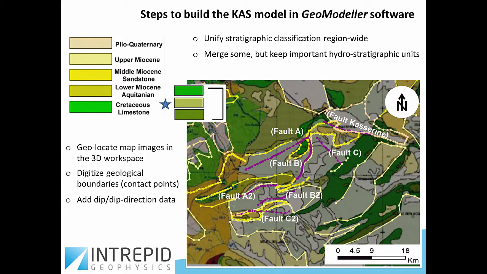This means that some units will be merged, but other more important hydrostratigraphic units remain separated in the stratigraphic pile. After geolocating the map images, shown lower right, into the 3D workspace, the job then is to digitize geological boundaries as contact points, and also to add the dip direction data in their 3D locations.